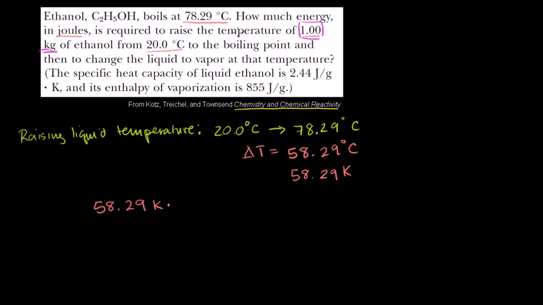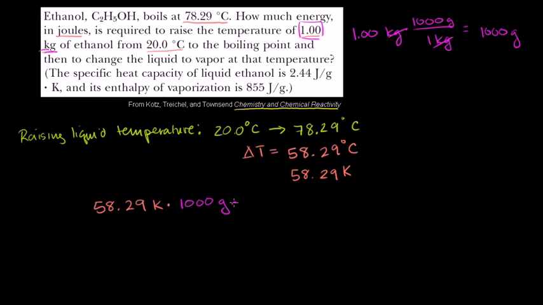So let me just write that 1 kilogram, that's the same thing as 1,000 grams. 1.00 kilogram times 1,000 grams per 1 kilogram. These cancel out. This is the same thing as 1,000 grams, although the reality is we only have 3 significant digits. This makes it look like we have 4.